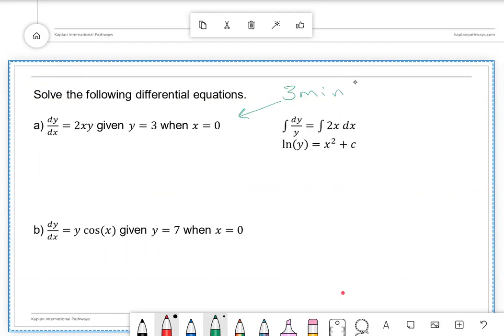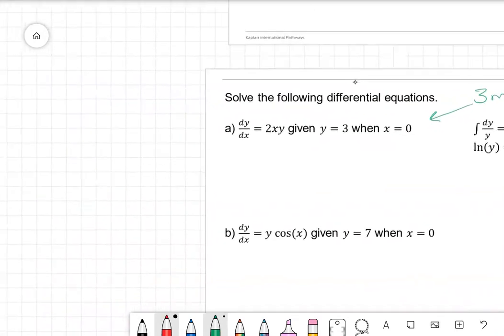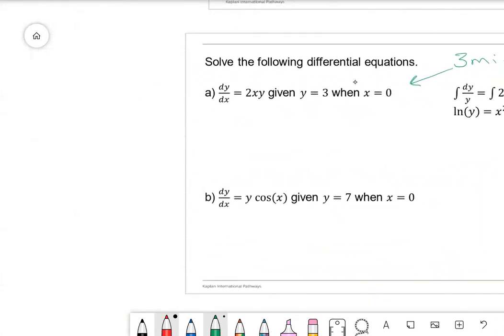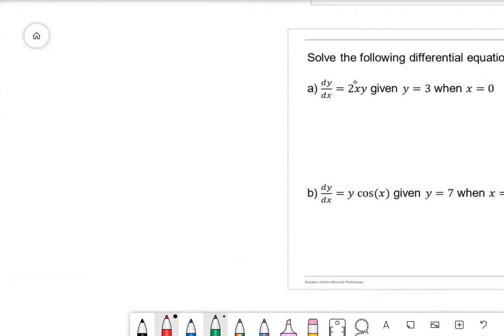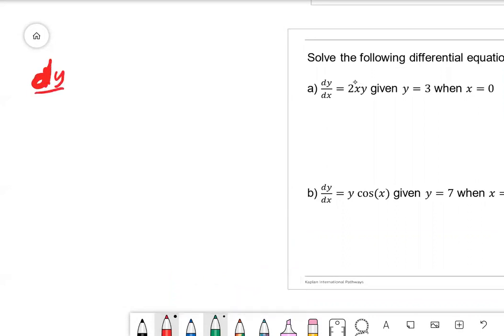So what we have here is dy over dx equals 2xy. So we have x and y together. We need to separate them. So first of all, we can divide by y.